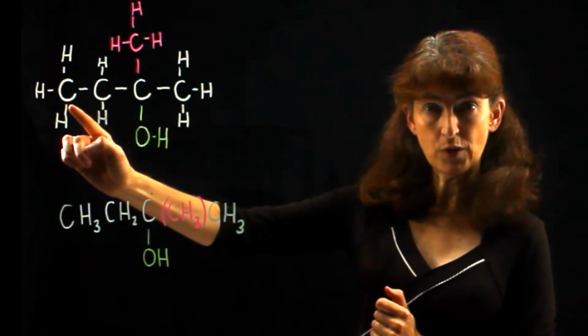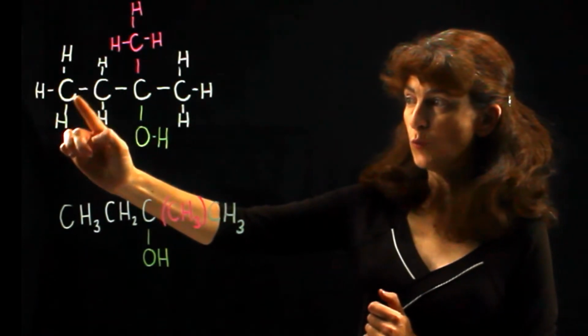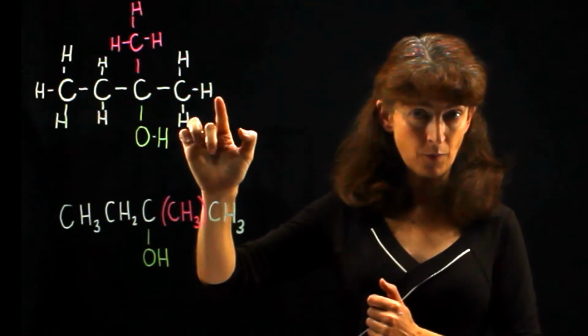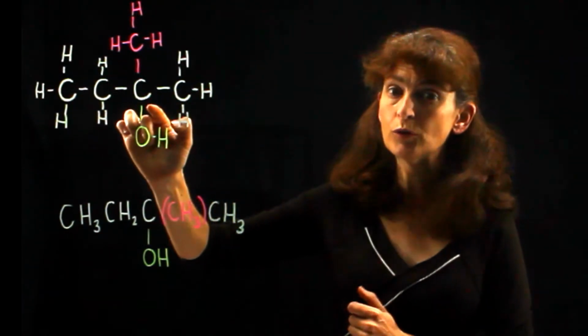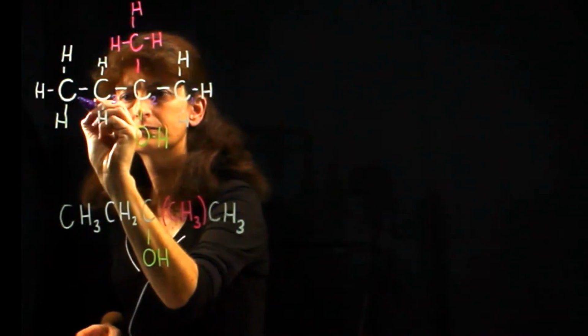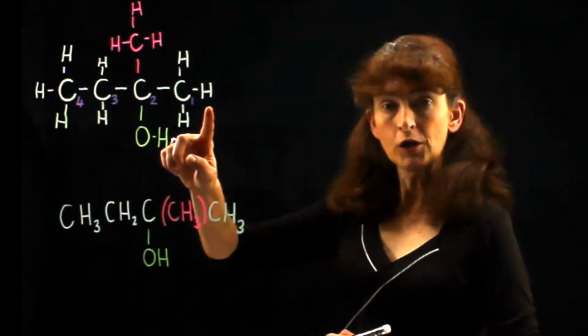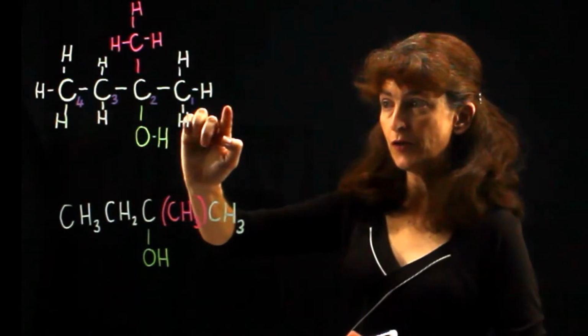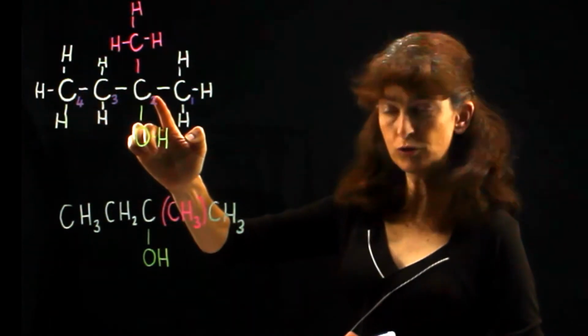If we start numbering from this end, that would be 1, 2, 3. Whereas if we start numbering from this end, it would be 1, 2. So clearly, that is a smaller number. The position of the functional group is on carbon 2. So that is butan-2-ol.